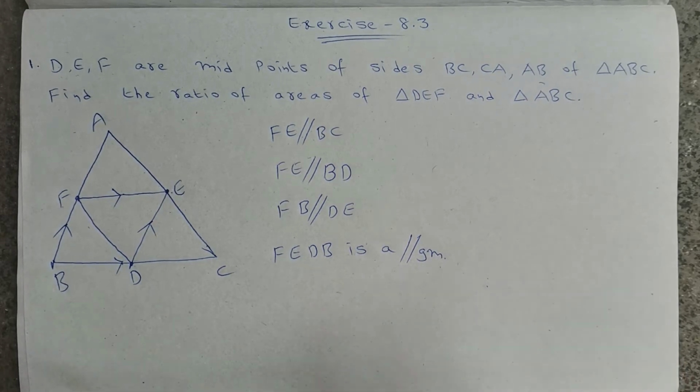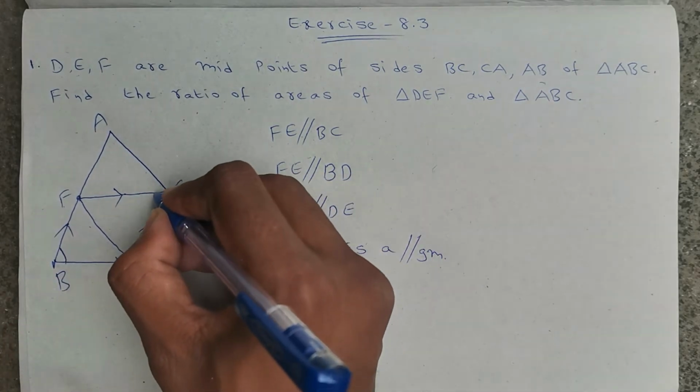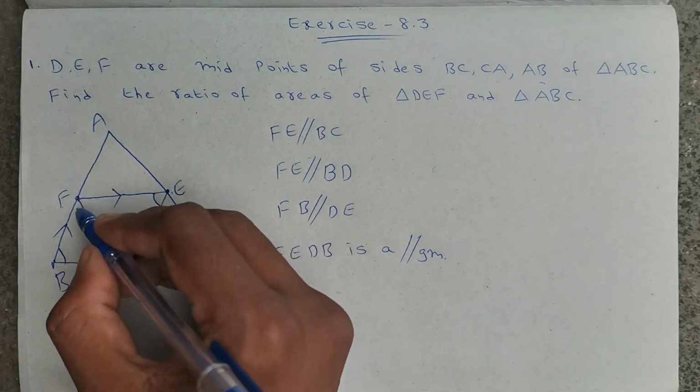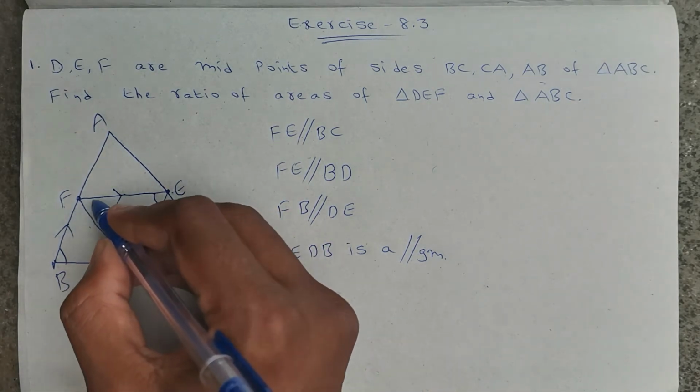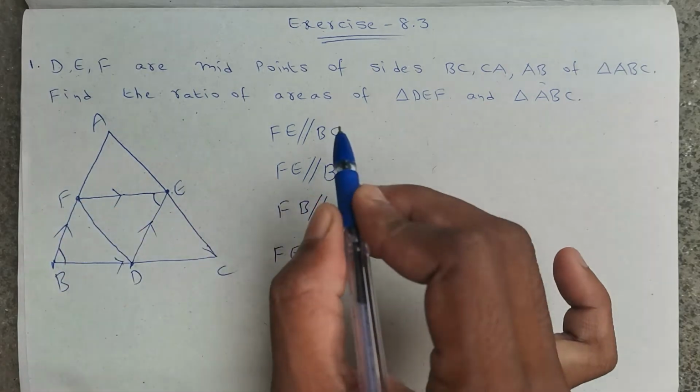According to the property of a parallelogram, opposite angles are equal to each other. So angle B is equal to angle E. As for angle F, it is half in the bigger triangle and half in the smaller triangle, so I am not going to worry about that anymore.